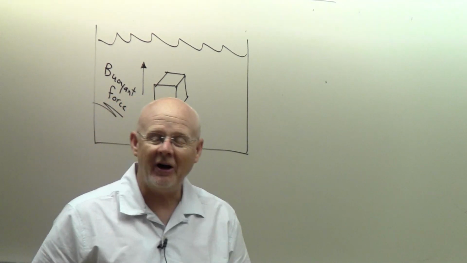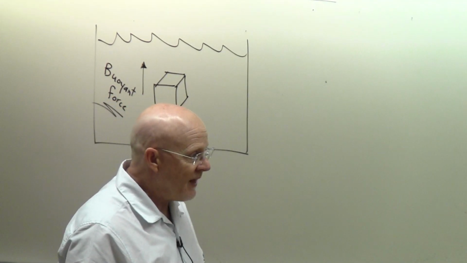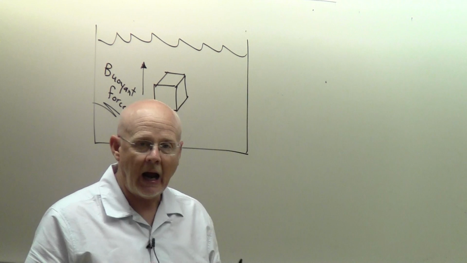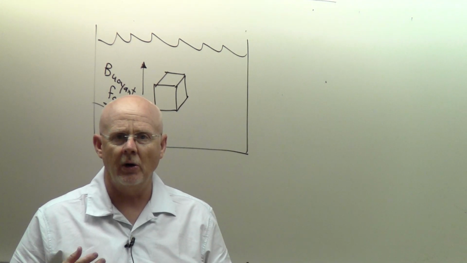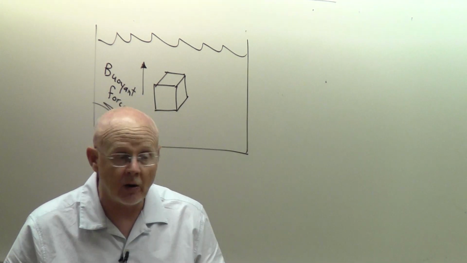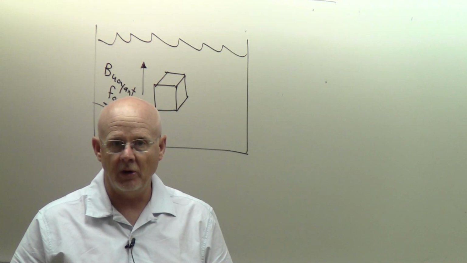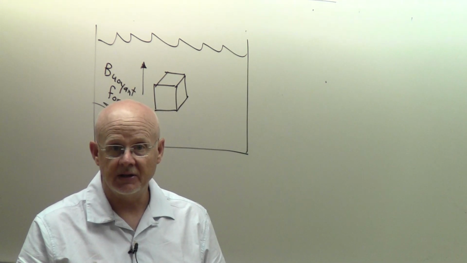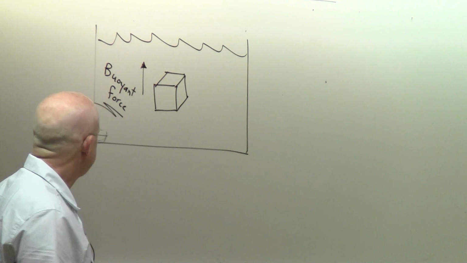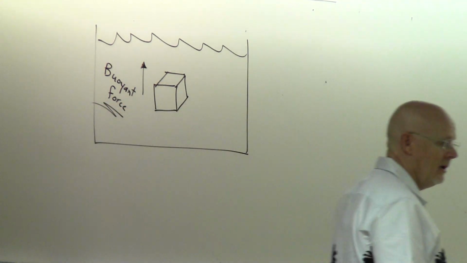Now we should ask the following question. If that's the buoyant force, how would we be able to measure or calculate or figure out what that buoyant force is? And so here's where Archimedes' genius comes into play.